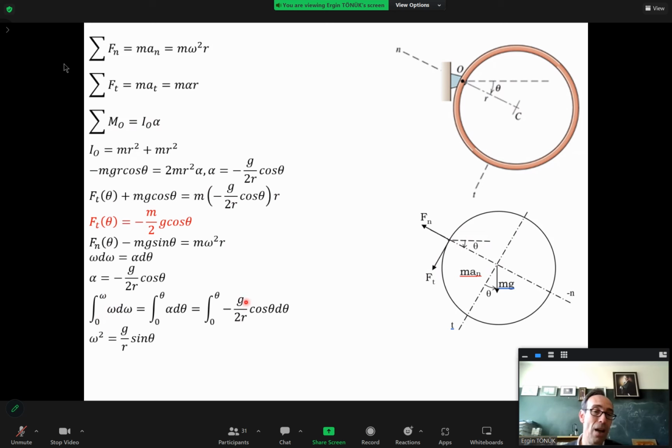And when you integrate this, it's going to become g over r, 2r actually, sine theta, and we had a 2 here, so the 2's will cancel when integrated from 0 to theta. So that's omega as a function of theta. So I could substitute this into here to get Fn as a function of theta, which is 2mg sine theta.